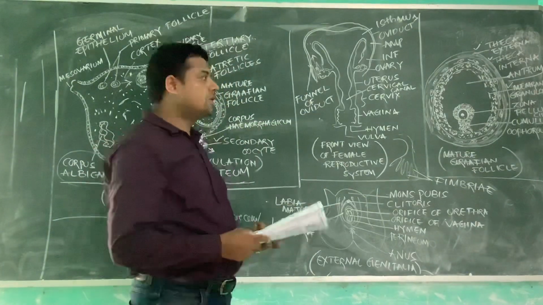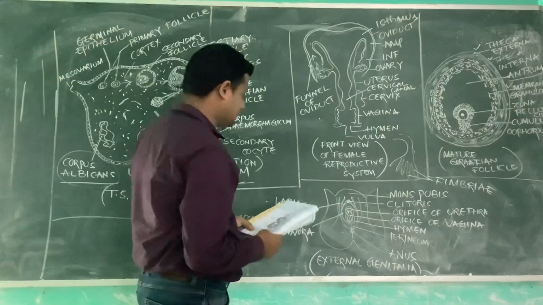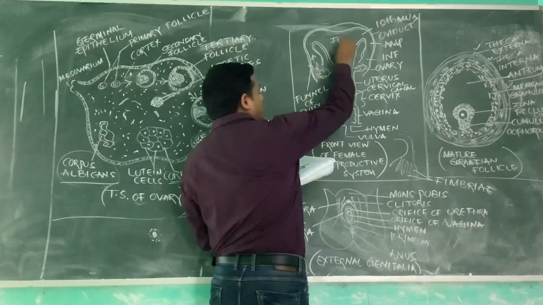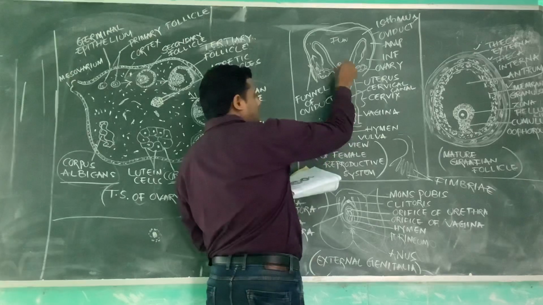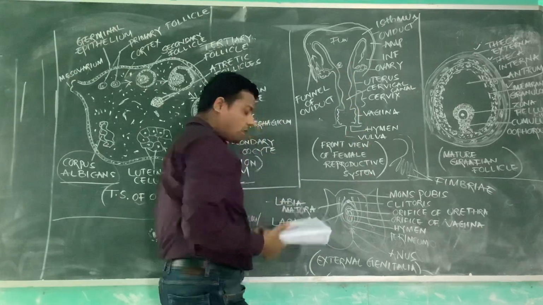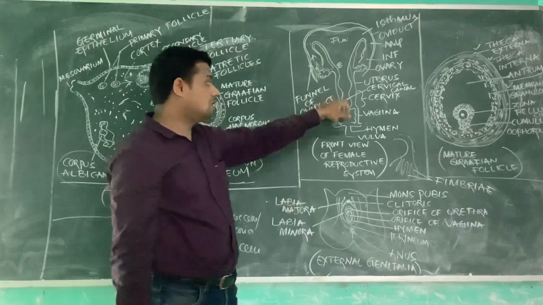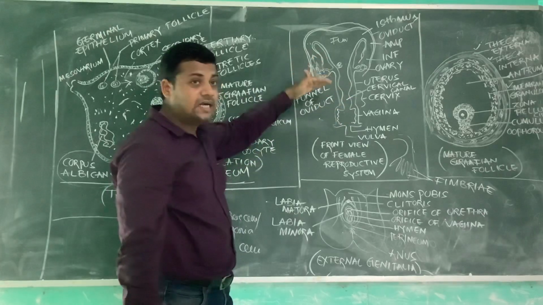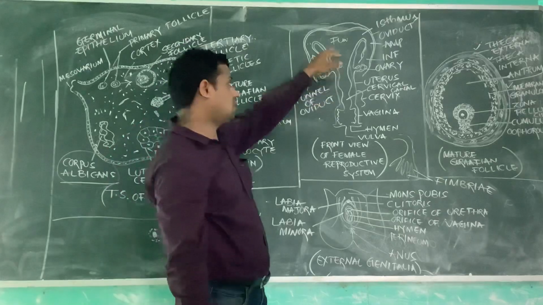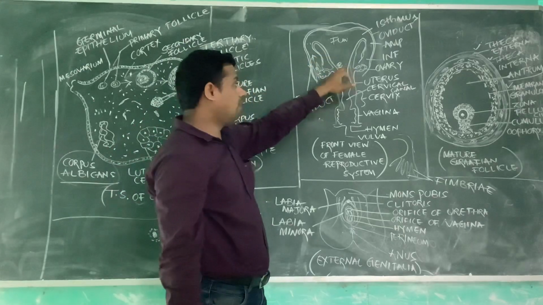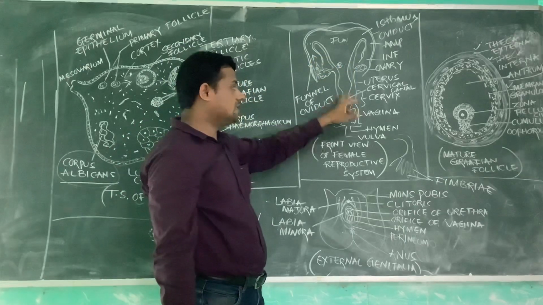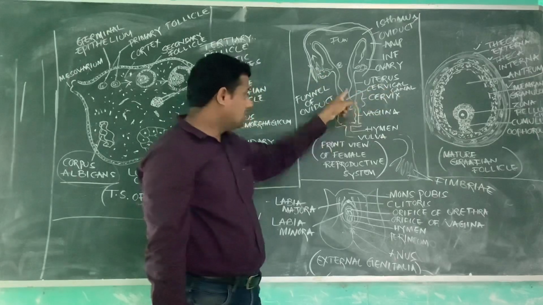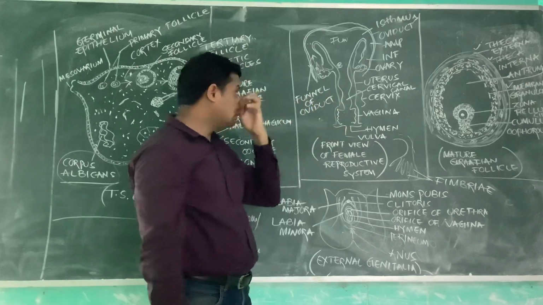It is distinguished into three parts. The upper part is called the fundus. The middle part is called the body or corpus, and the lower part is called the cervix. Here, the labeling called cervical canal is the canal inside the cervix.